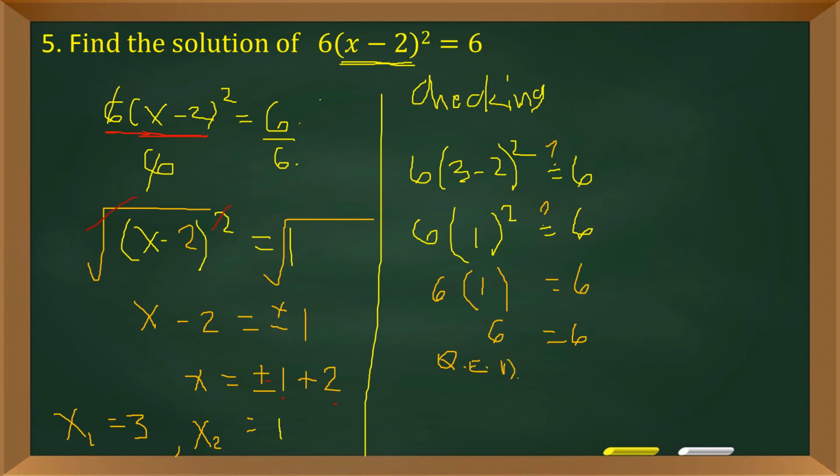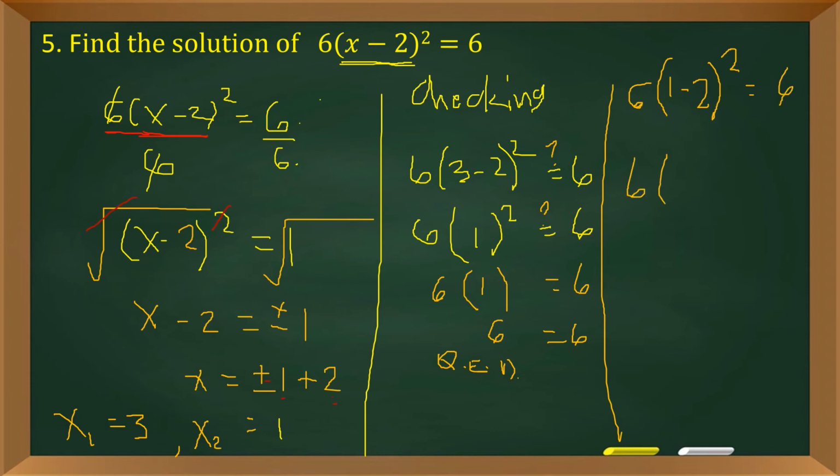And next, the other value of x, which is 1 or positive 1. So, substitute natin dito. 6 times 1 minus 2 squared is equal to 6.